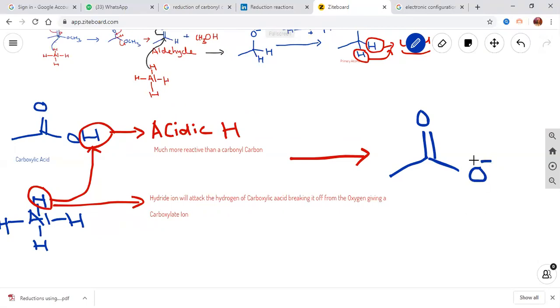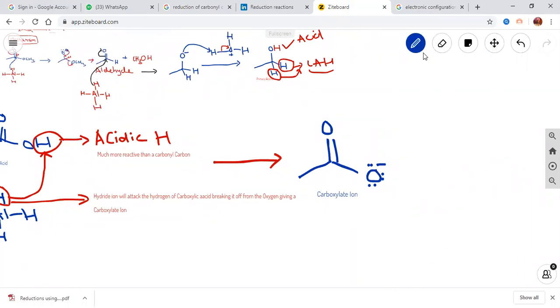This is our carboxylate ion, with two extra pairs of electrons, and there is formation of hydrogen gas. Hydrogen gas gets evolved.